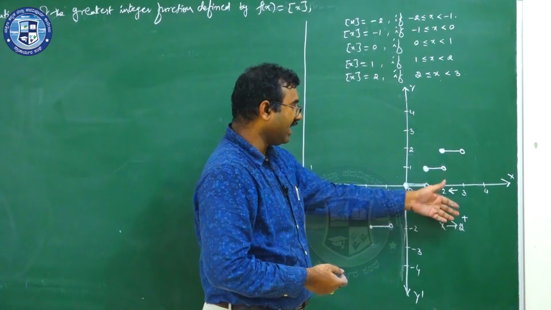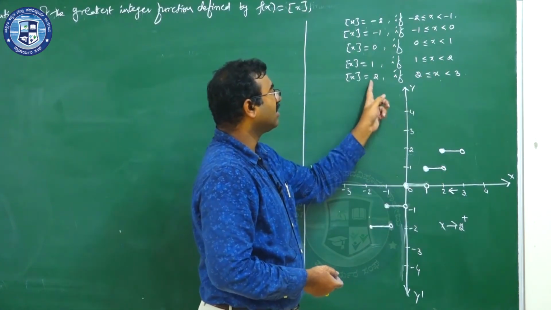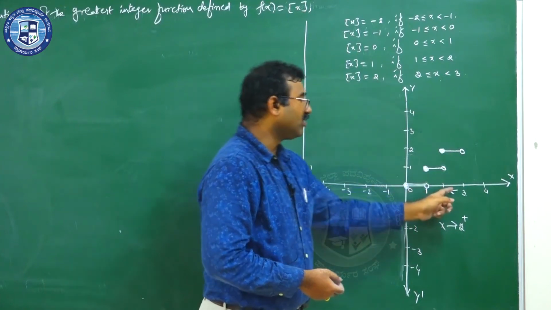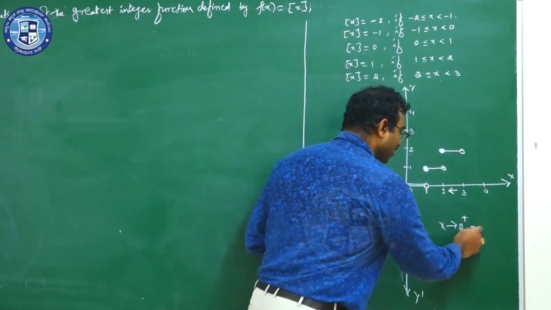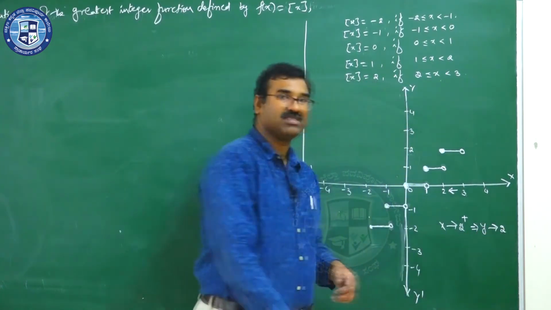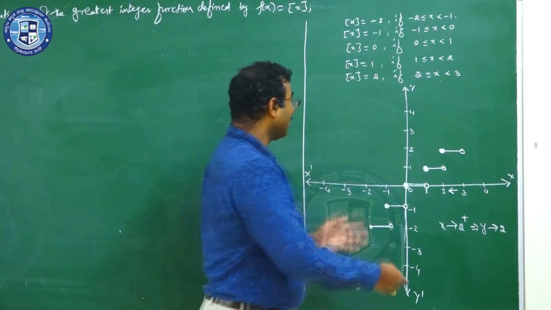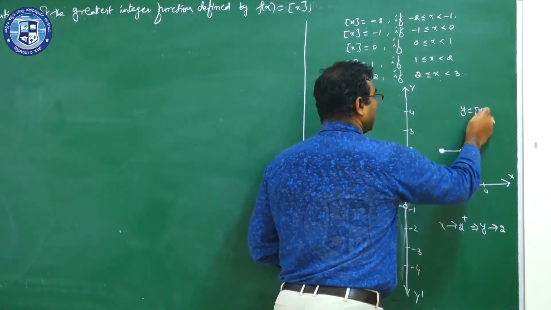When x is more than 2, the box x value is 2 here. That means when x is coming close to 2, y is approaching 2. Here y is the function y equal to box x.